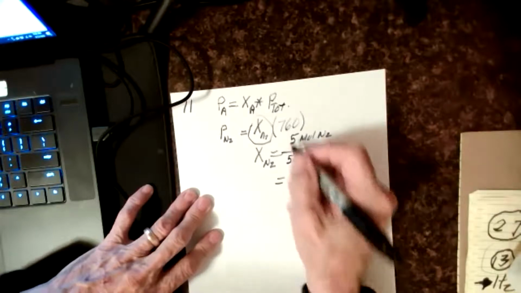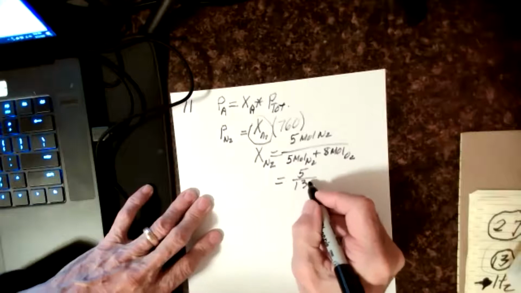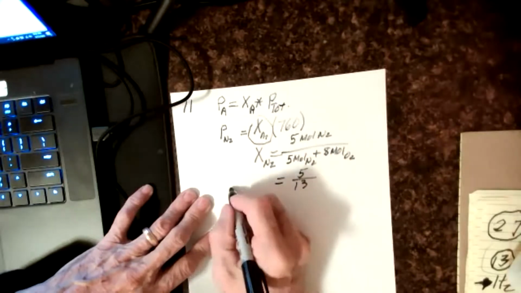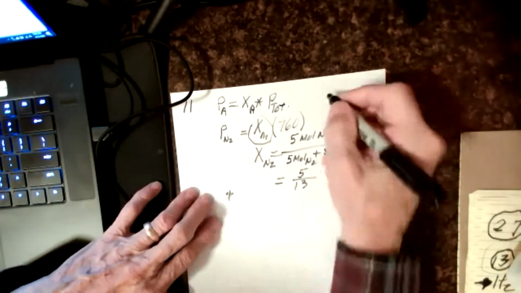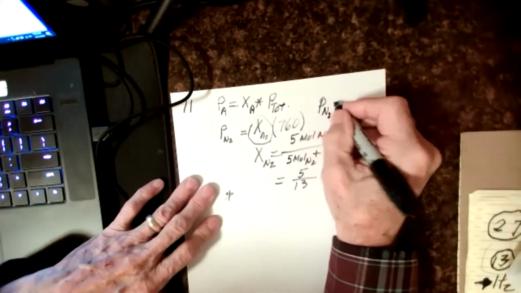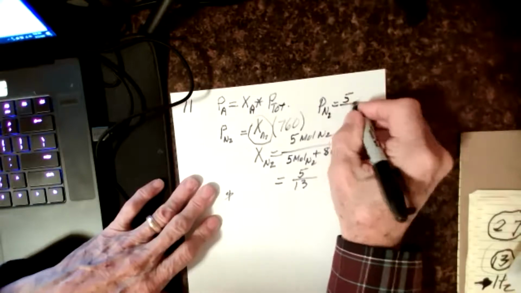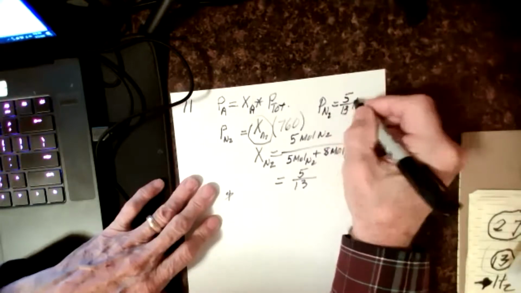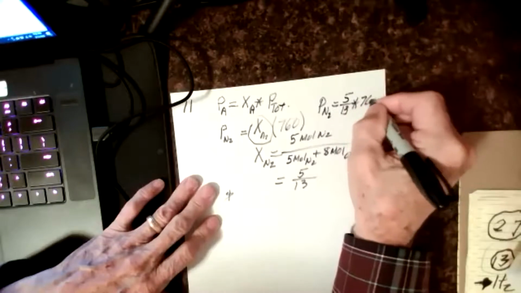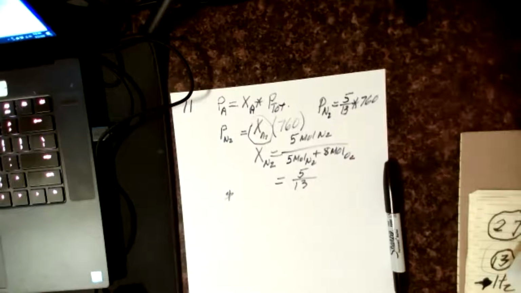So the mole fraction is 5 divided by 13. So the pressure of the N2 is going to be equal to 5 divided by 13 times 760. So that should be the answer.